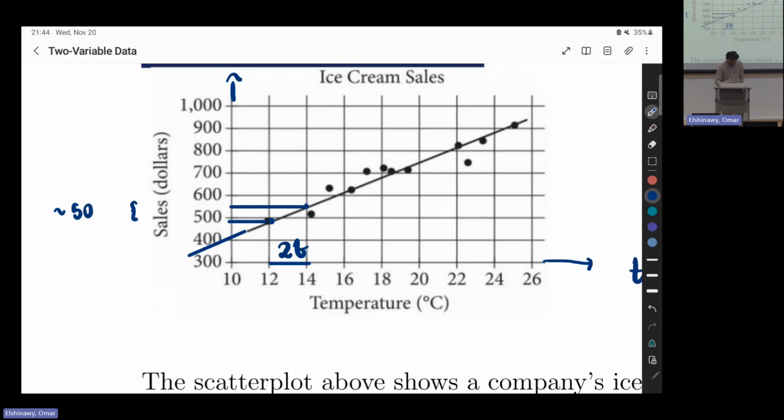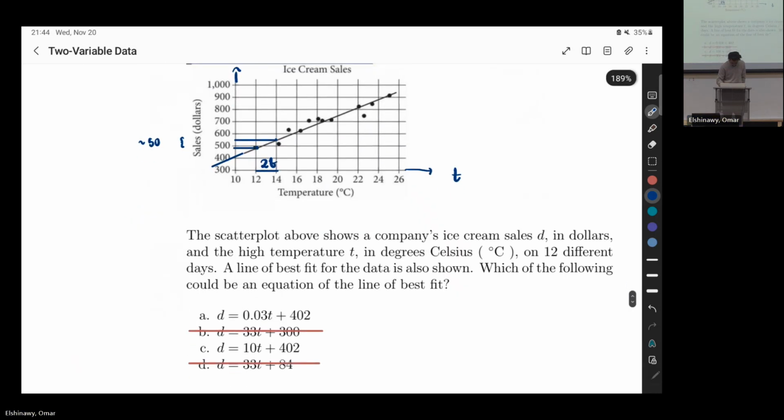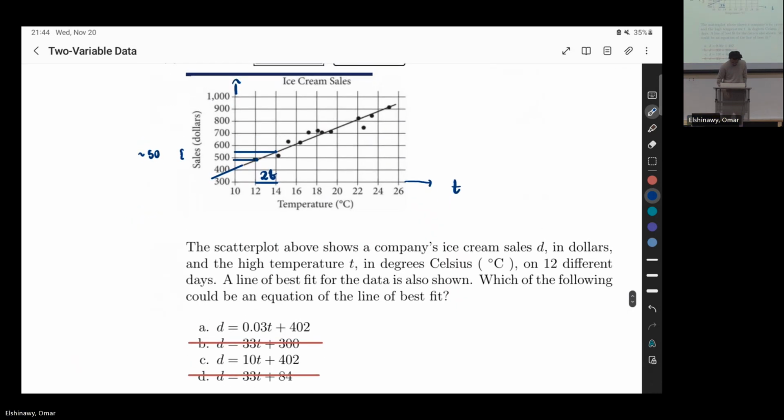There are 2 steps. Then probably this is not the answer. Now, this does not have to be accurate, guys. This tells me that the slope is 25, and it's not going to be 25, but it's definitely not going to be 0.03, right?